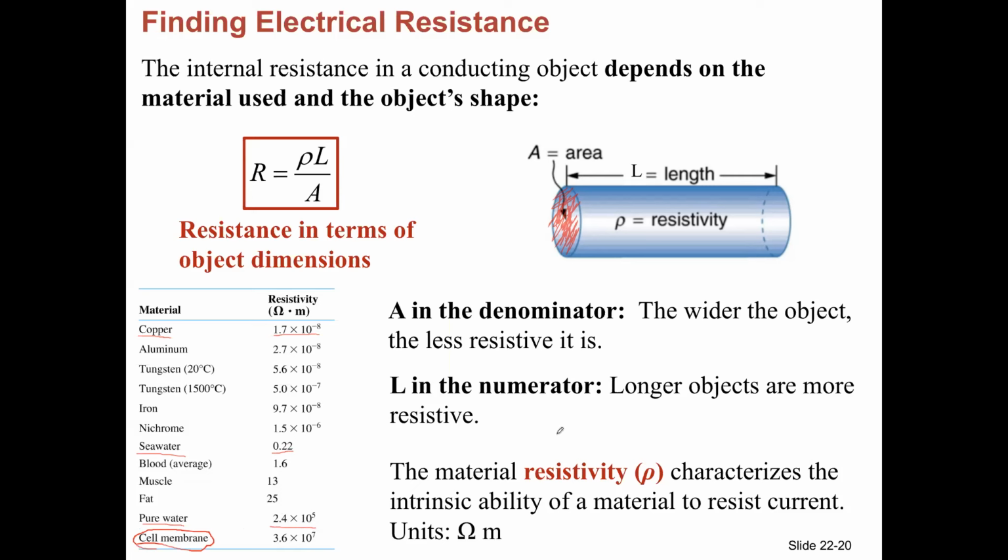So Owen, as for your question, for long wires, does current get amplified? I think what you're probably referring to are transmission lines, like the power lines that go between cities.